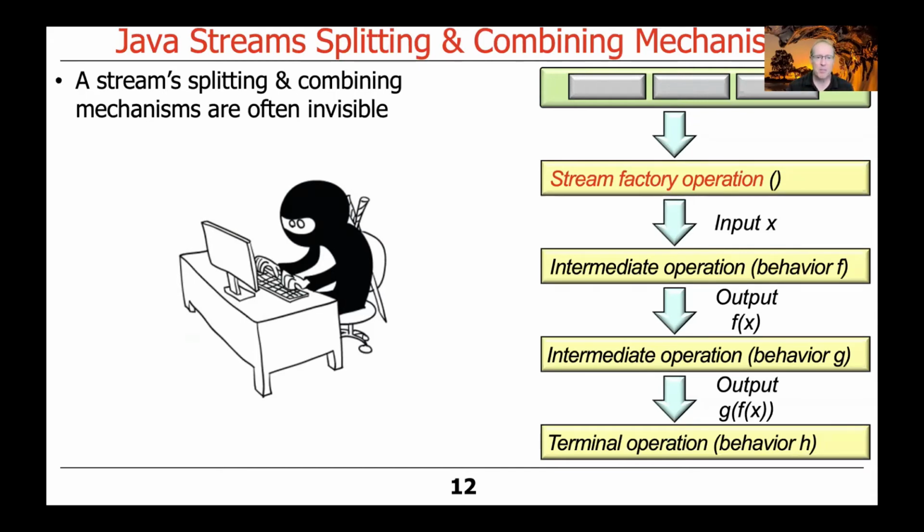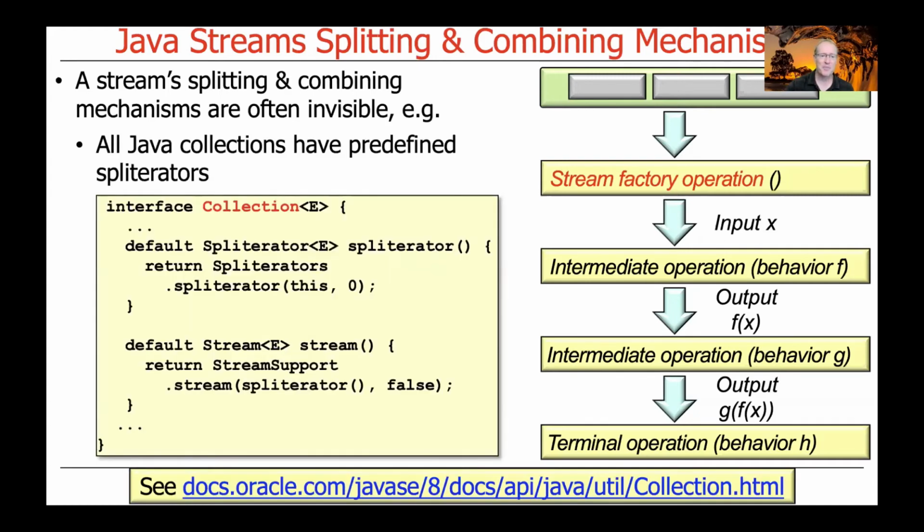Now, the splitting and combining mechanisms are often invisible, and that's intentional. The idea is if you can use what comes out of the box, do so; you have a lot less work on your behalf and you don't have to write as much code. I tend to think of these things as being like ninjas, where you don't see them when they don't want to be seen. For example, all Java collections you get out of the box with the Java development kit in the Java class library come with predefined spliterators.